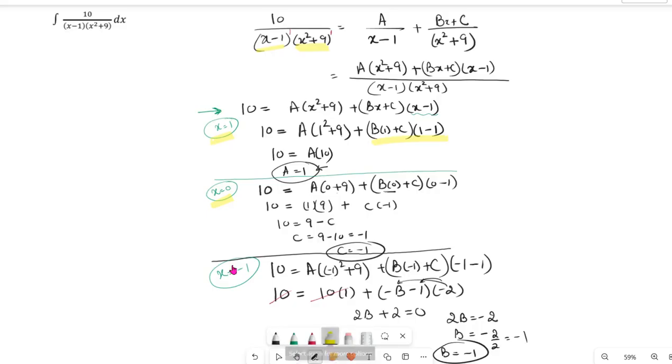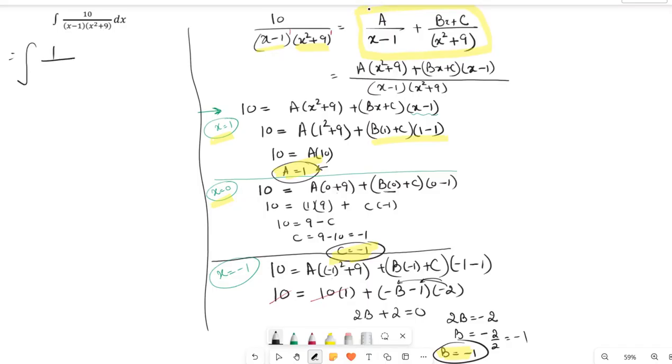So using these three values, a, b, and c, and our partial fraction decomposition, we can write our integral as a by x minus 1, a is 1, plus b is negative 1, c is negative 1, by x squared plus 9 dx.